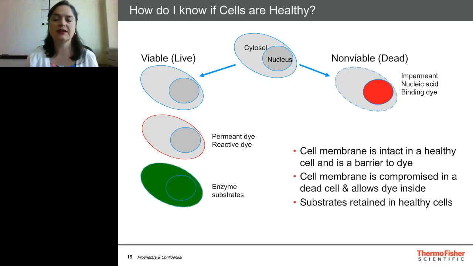So that's kind of important to keep in mind when you're thinking about live cell indicators and dead cell indicators. Live cell indicators are things that usually rely on an enzyme substrate in your cell, and dead cell indicators are usually impermeant nucleic acid dyes that are able to get to the nucleic acid in the cell's nucleus because the cell is sick or dying and its membrane is no longer intact.